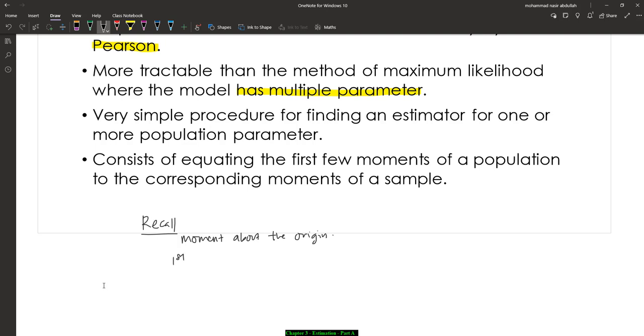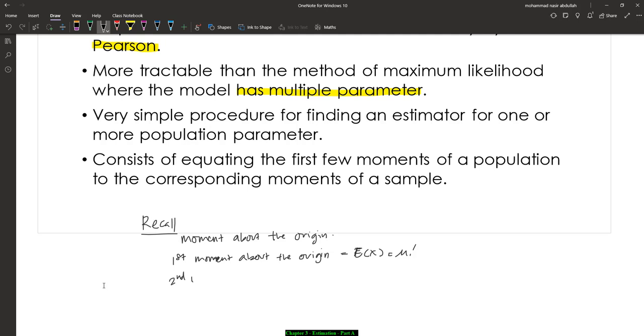If you have the first moment about the origin, it should be equal to expected of x, right, which is equal to mu 1 prime. So this is the symbol for the first moment about the origin, which is also equal to expected of x.